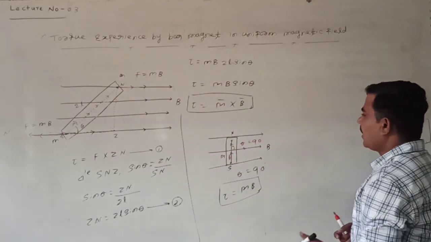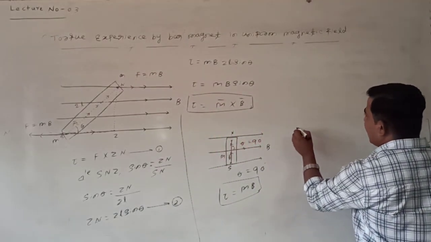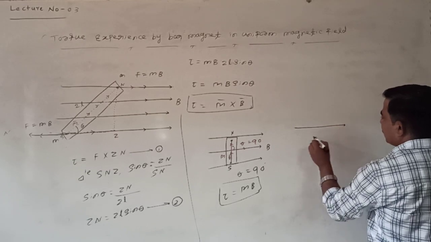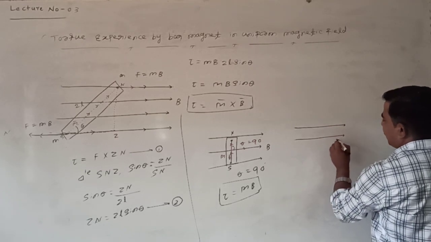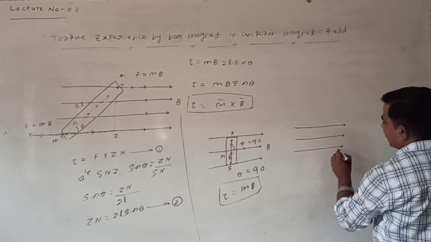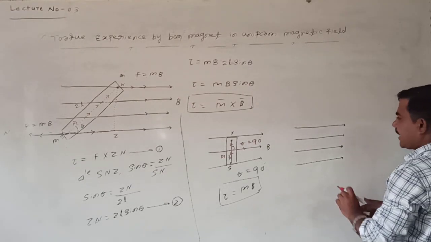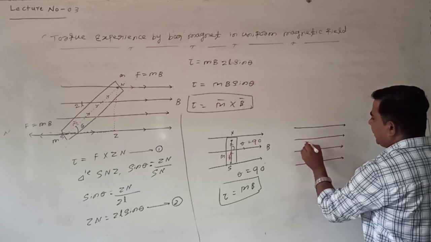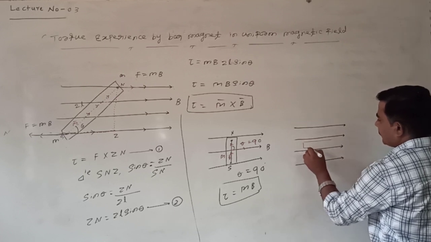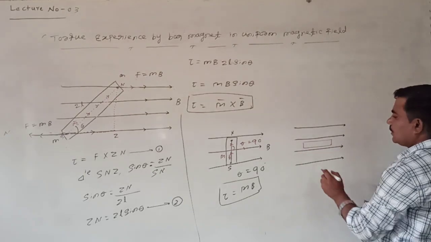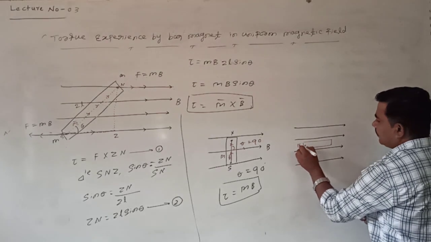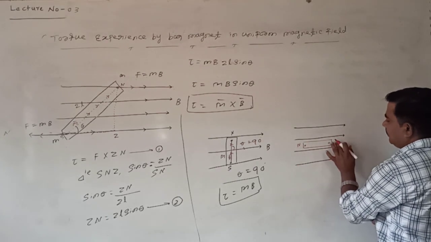Now again I will take uniform magnetic field lines. Now I would like to take a bar magnet. This is the bar magnet. I can take this as the north pole or this as the south pole.